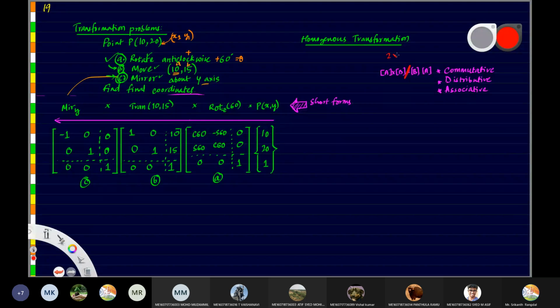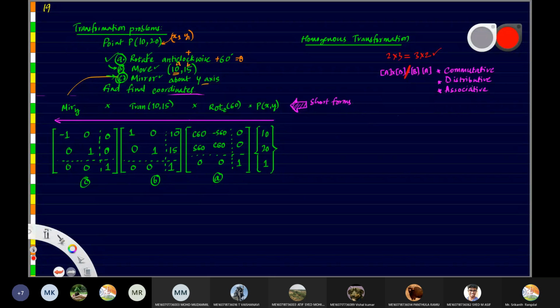For example, 2 threes are 6, 3 twos are 6. So when you are doing arithmetic of numbers, yes, the commutative property is accepted. But in matrix multiplication, it is not equal. So the commutative property is not accepted, and you cannot change the order of this.